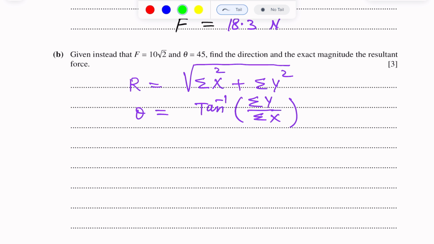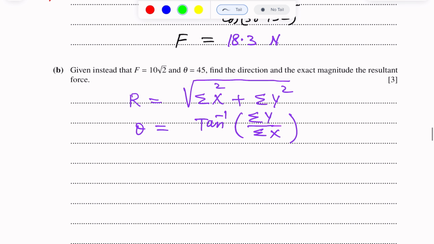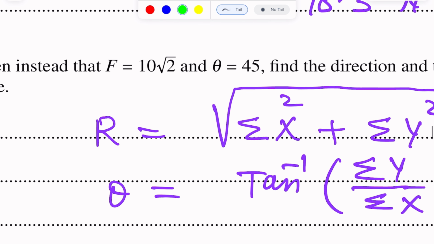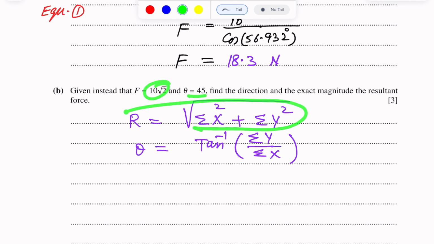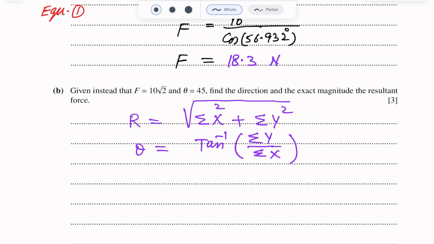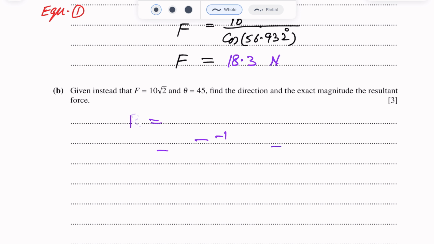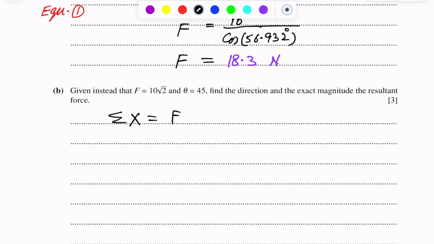Now, summation x will be, in this part, the values of f and theta are given. We are using these formulae. First of all, we will find the sum of the forces along the x-axis, that is summation x equals f cos theta.